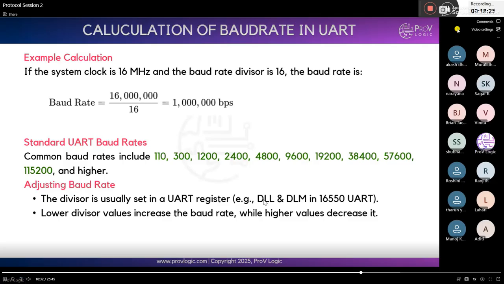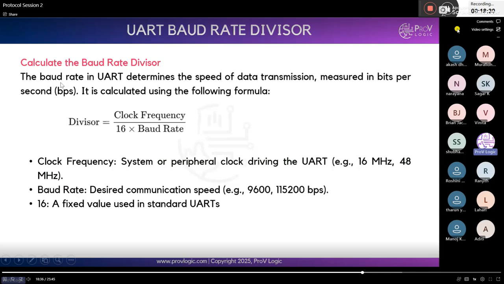So see here, calculate the baud rate divisor. The baud rate in UART determines the speed of the data transmission, measured in bits per second, calculated using the divisor and clock frequency.